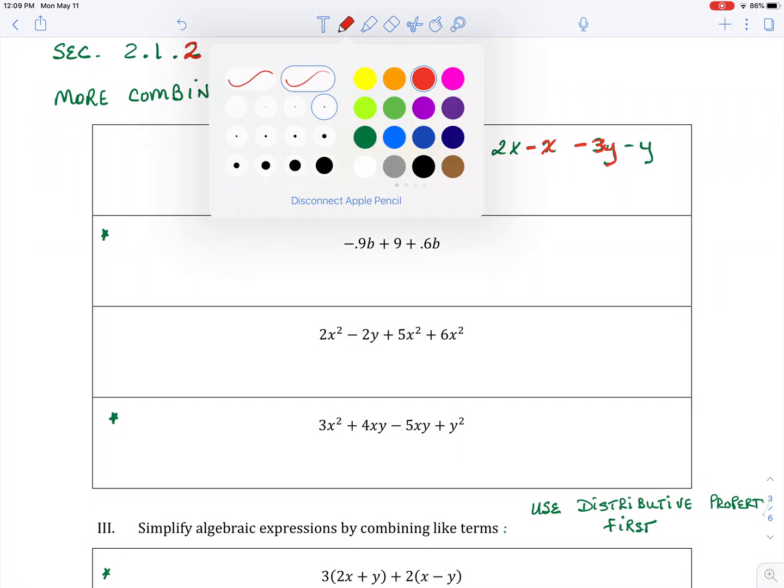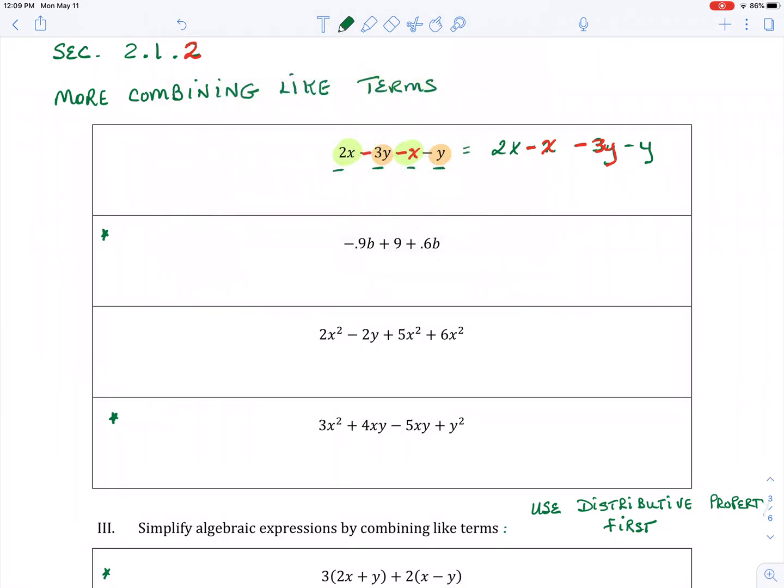All right, so now I'm seeing my like terms, 2x minus 1x. So the 2 minus 1 are the numerical coefficients, and that's what I'm going to operate on. And over here, I'm going to have a minus 3 minus 1, and then the variable y.